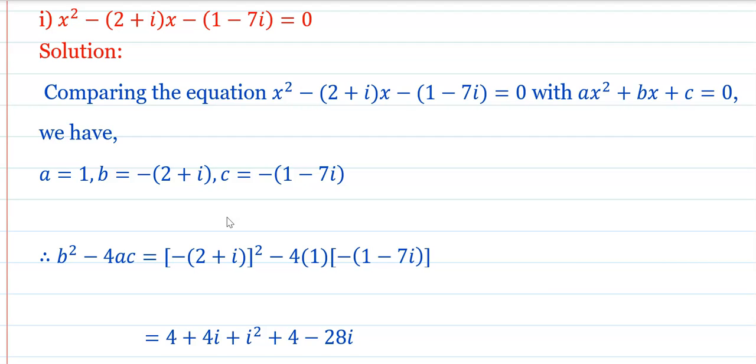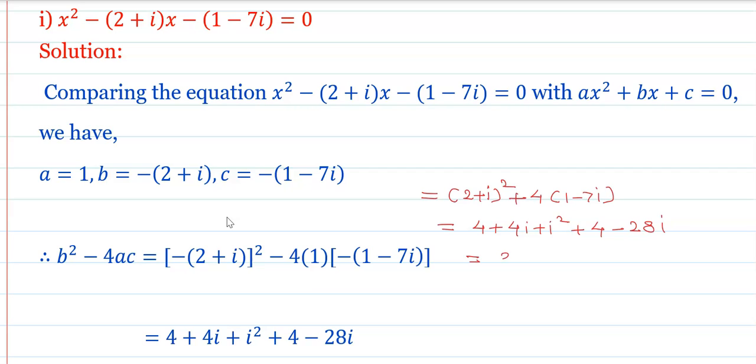Now here, minus 2 plus i bracket square, minus 4 into this minus will become plus 4 (1 minus 7i). (2 plus i) square means 2 square, that is 4, plus 4i plus i square, plus 4 minus 28i.